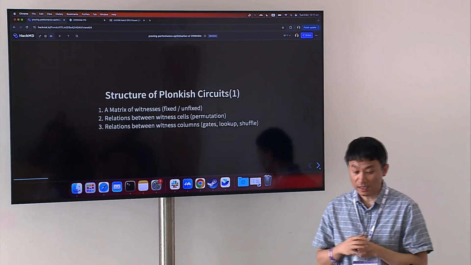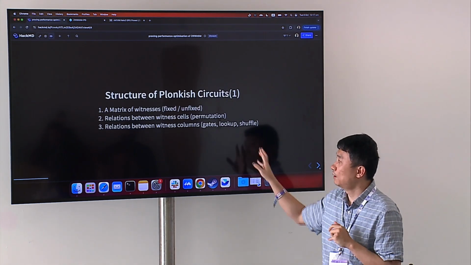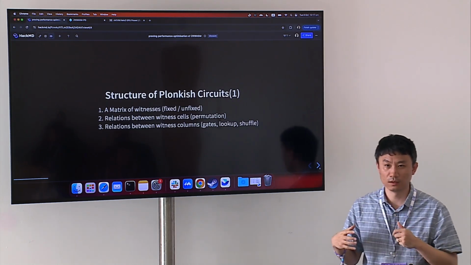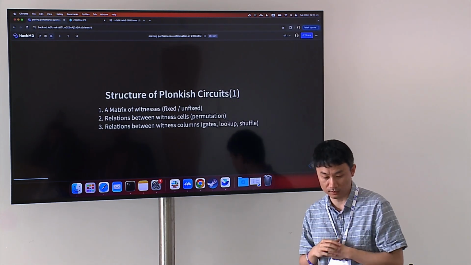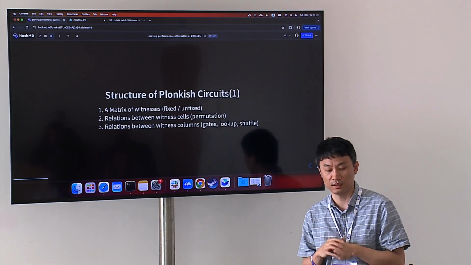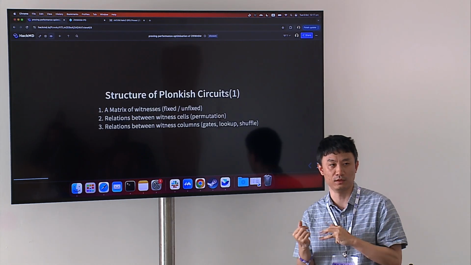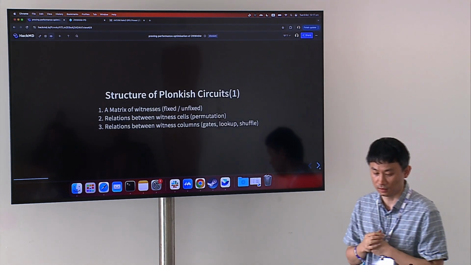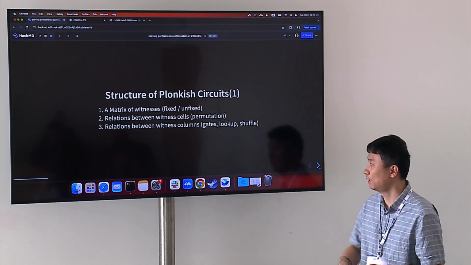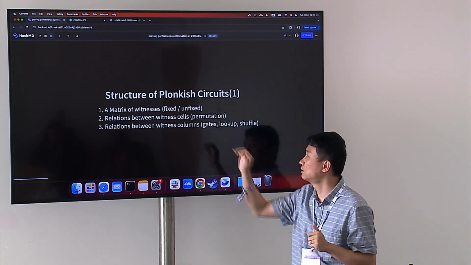And actually, we will divide them further into the derivable witness or the polynomial calculated witness. And the second part is the relations between the cells. So it's basically permutations. And the third thing is the relations between columns, right? And we sometimes call these gates, call these permutations.